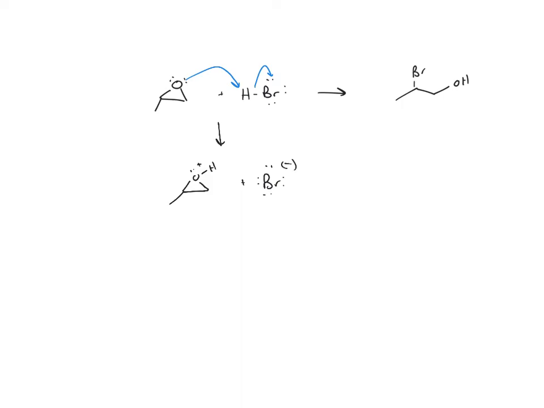So now I need to break a carbon-oxygen bond. I have 2 pathways to do this. I can either break, these electrons go up here, or these electrons go up there. So on the green side, I just draw it in green, it would look something like this.